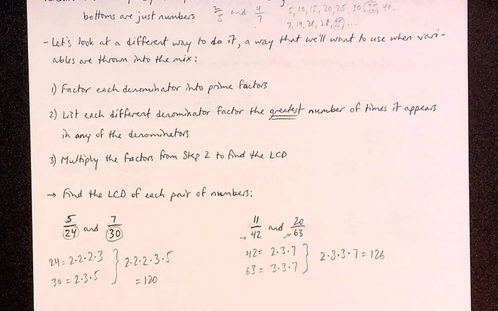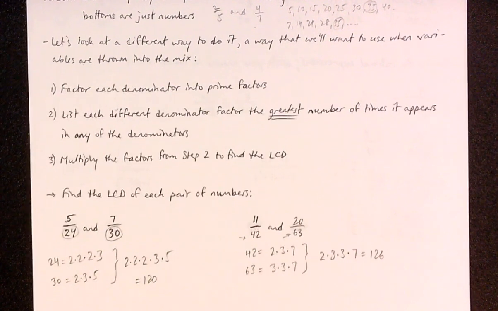So I want us to look at the method that we used. We took each of these denominators, we broke it down to equal a product of things that we could not break down further. You know, we can't factor 2 anymore, or 3, or 5, or 7.